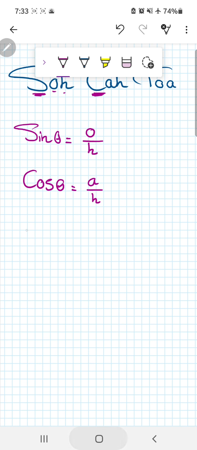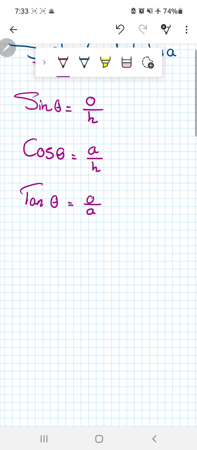And finally, tangent equals opposite over adjacent. And we have another rule of tan, which is tan theta equals sine theta over cosine theta. And it's very, very important.